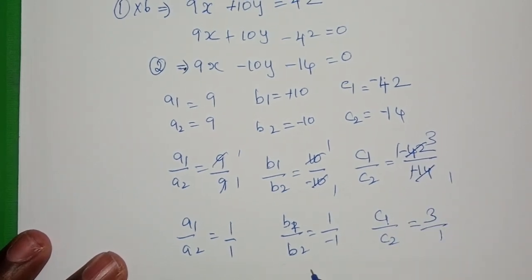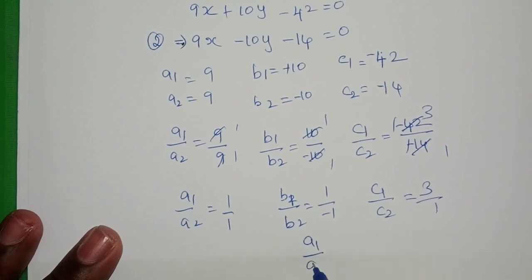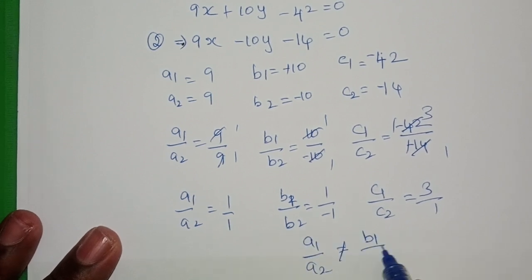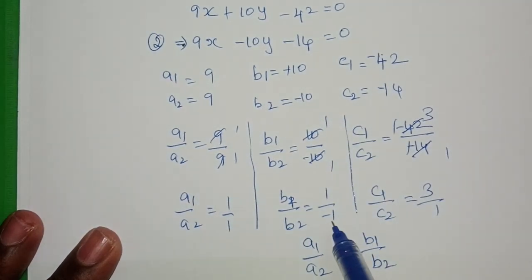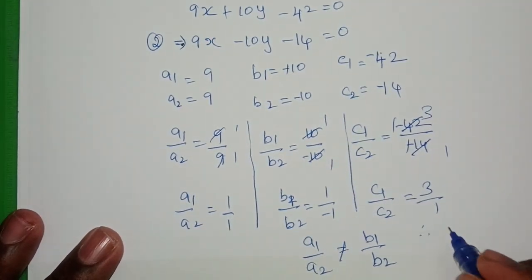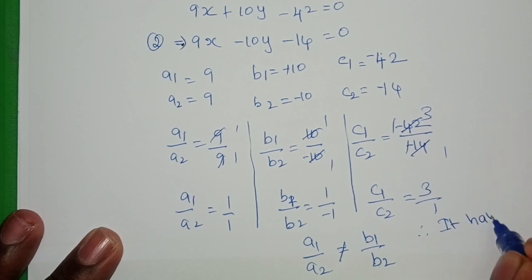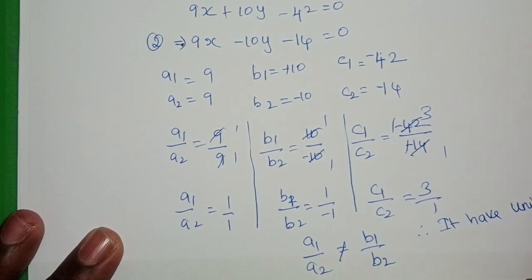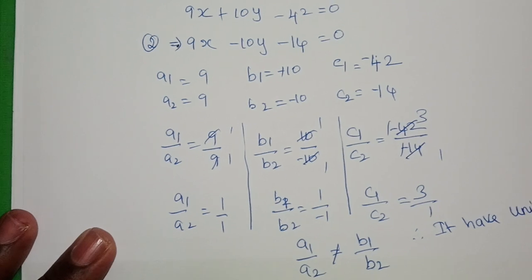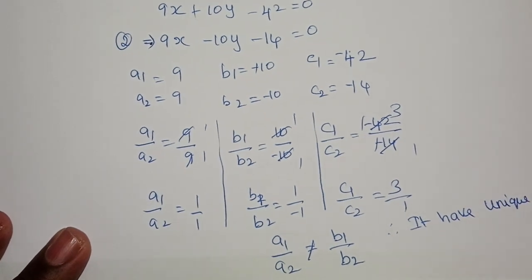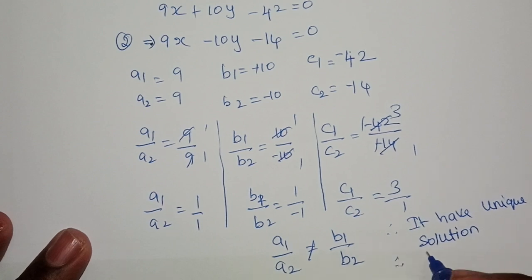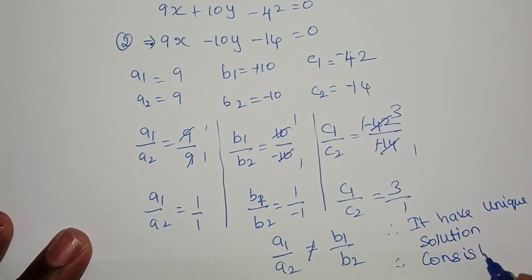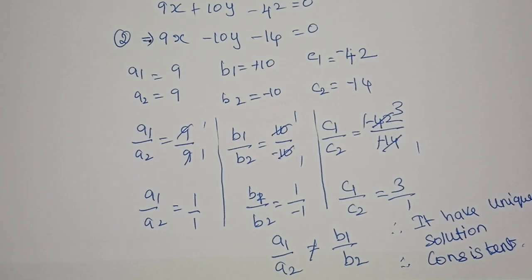Here we get a1 by a2 not equal to b1 by b2, since 1 is not equal to minus 1. Therefore it has a unique solution. Therefore it is consistent. Our system is consistent.